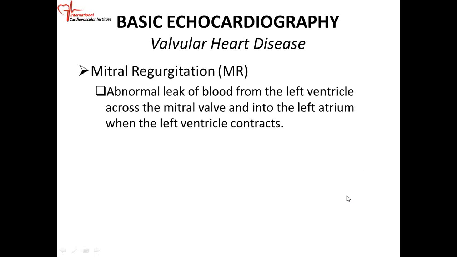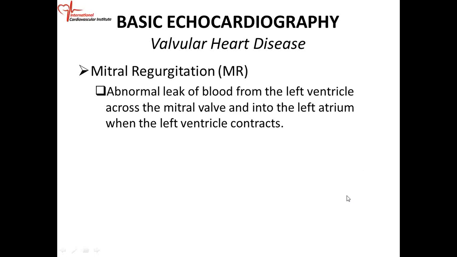So anything that prevents the valve from closing properly can and will give you mitral regurgitation. So that's the basic definition, and you have to visualize this. You have to understand it thoroughly in order to determine what follows.